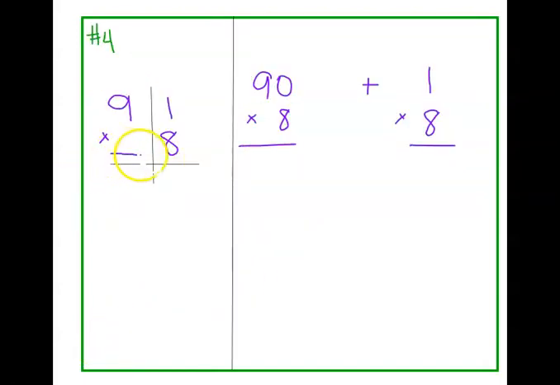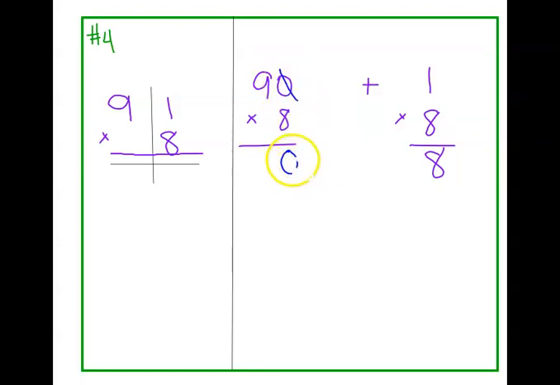All right, so over on this side we have 91 times 8, and over here we have 90 plus 1, or 91, and we're multiplying both of those parts by 8. So 1 times 8, this should be easy breezy. 1 times 8 is 8. We have a cross it off, drop it off, so we can cross off the 0 because it is at the end of a number in a multiplication problem.